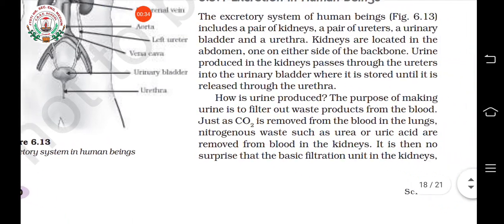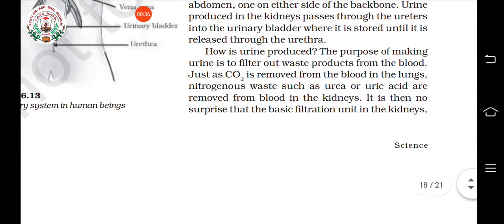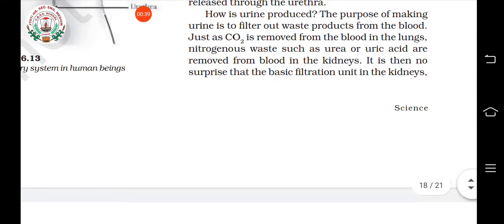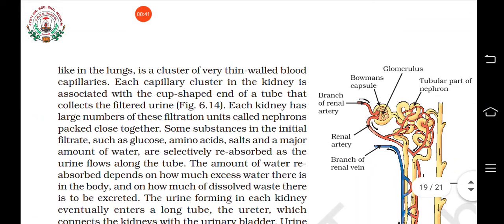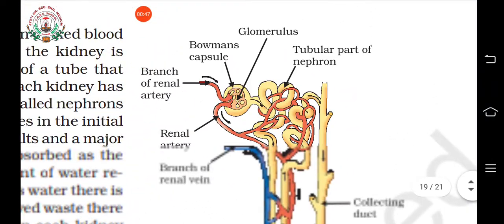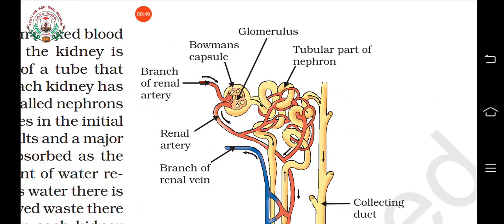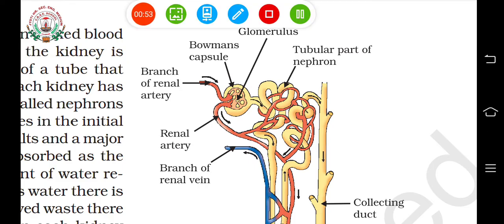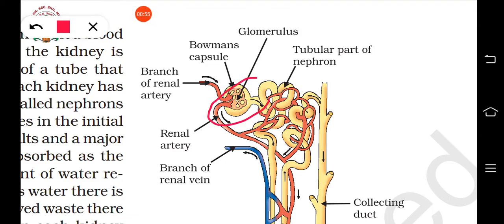Then I have already explained about the structural and functional units of the kidney, that is, they are known as nephrons, isn't it? So nephrons are the structural and functional units of the kidney, and they include parts like the Bowman's capsule. This is the Bowman's capsule.